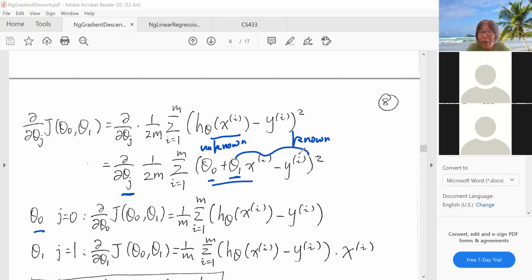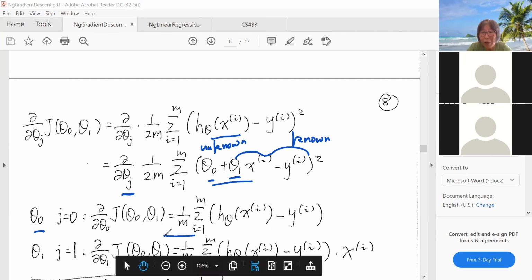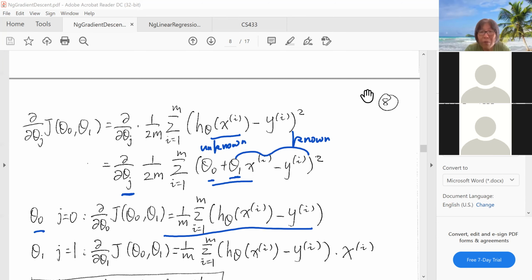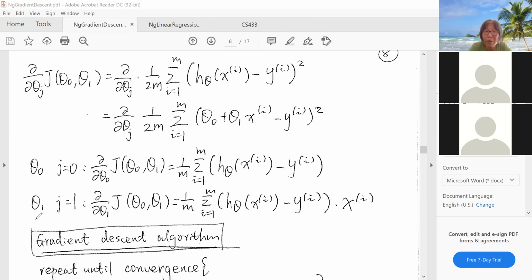When you take the derivative, from calculus you can come up with this result. And the same thing for W1, you can also come up with this expression. That's very obvious.